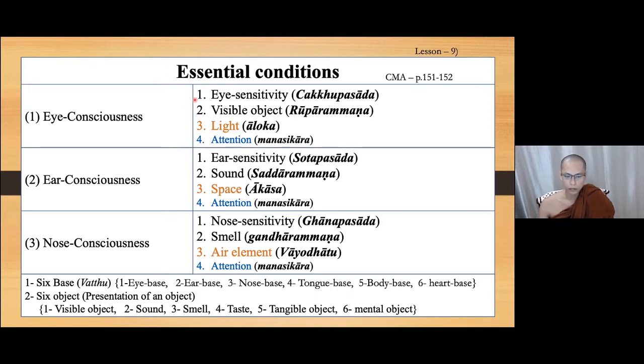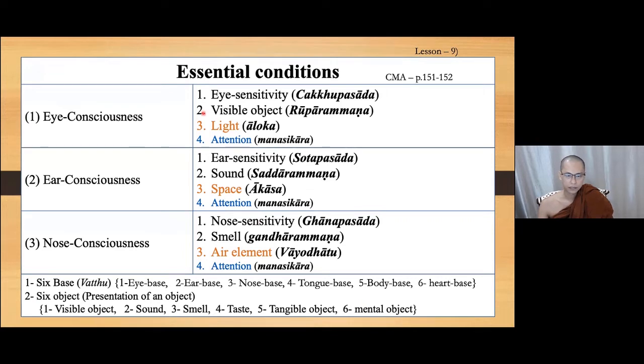So number one, as you see, the pasada, the sensitivity. Eye, ear, nose consciousness depends on the sensitivity. That sensitivity is regarded as a door, and also regarded as a base.